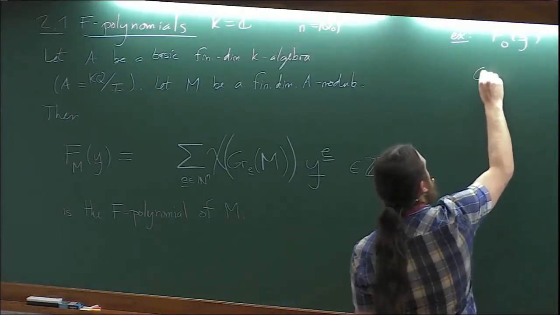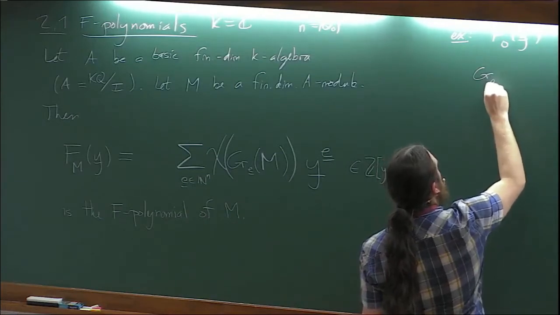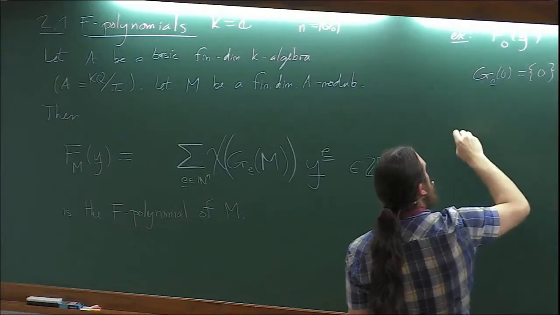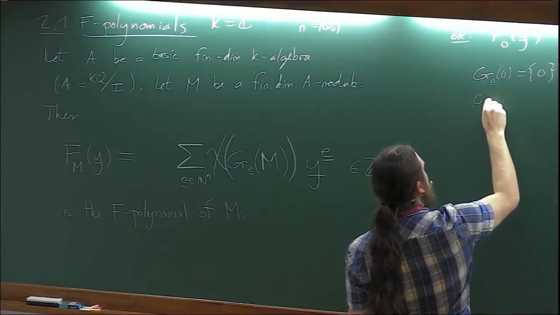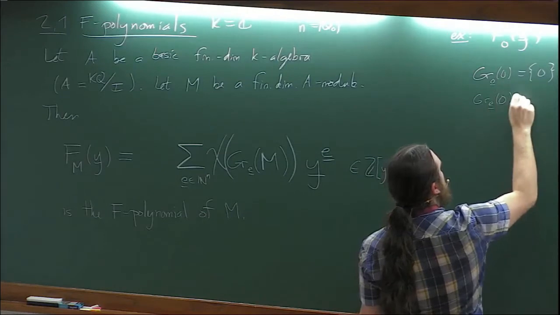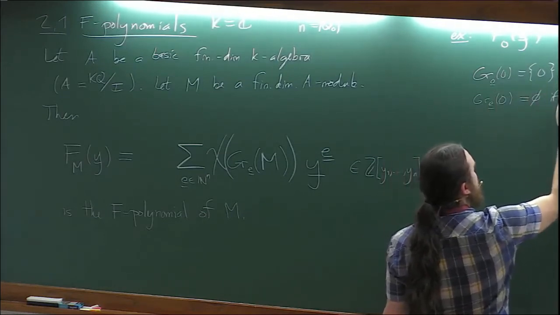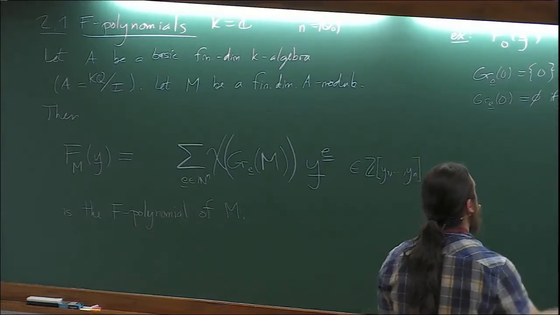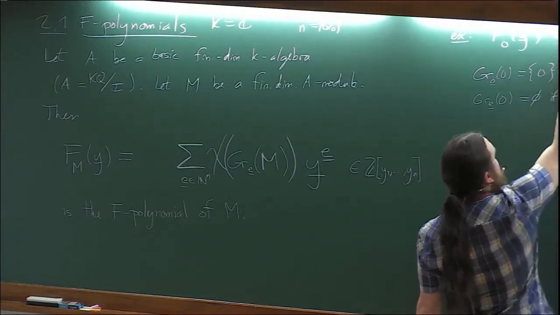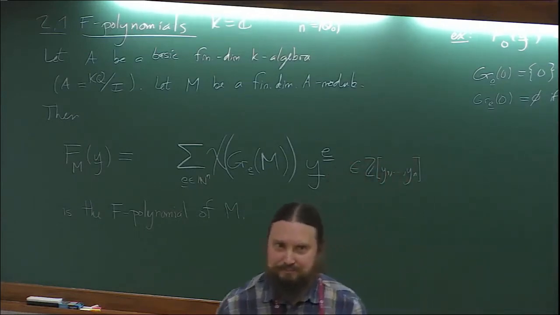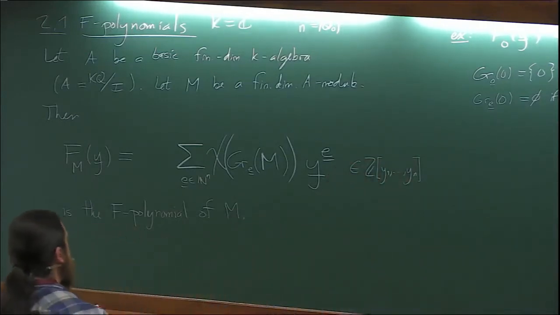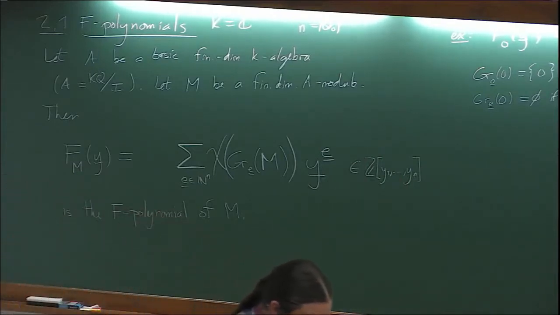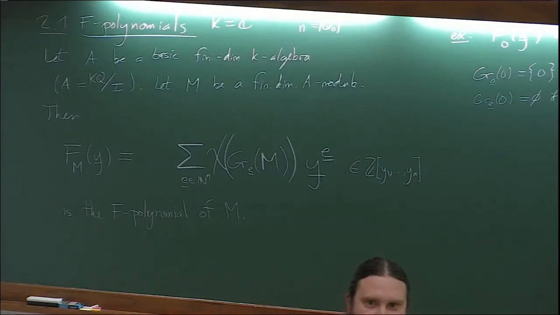So the Grassmannian of dimension vector 0 of the zero module is a point, and all other Grassmannians are empty. And so the F polynomial of the zero module is the constant polynomial 1. This did not depend on the choice of my algebra A. So that's the stupid example.